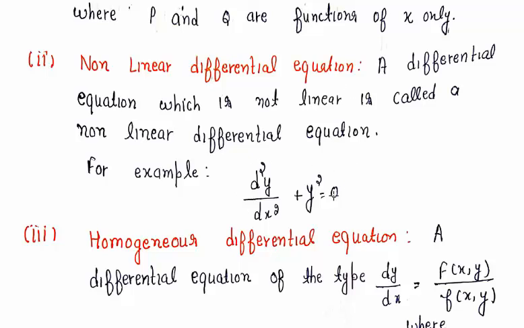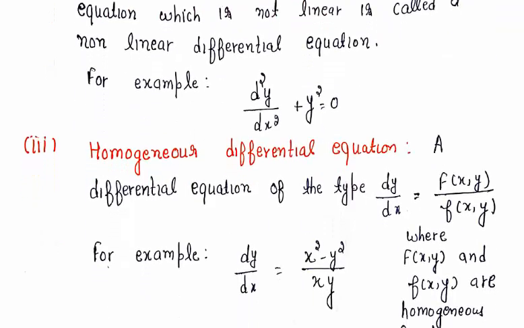This is an example of a non-linear differential equation: d square y over dx square plus y square equals 0. First of all, this is a derivative of second order, not of first. And this is y square, because y into y is y square. So this is not a linear differential equation. If the equation is not linear, then it is known to be non-linear.